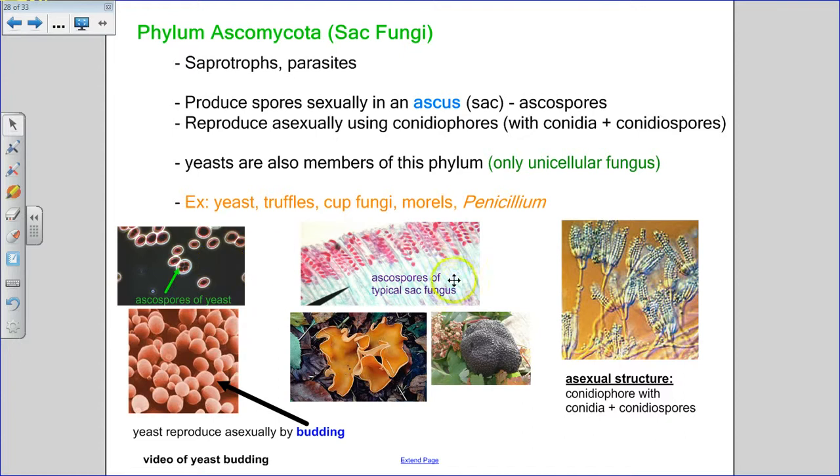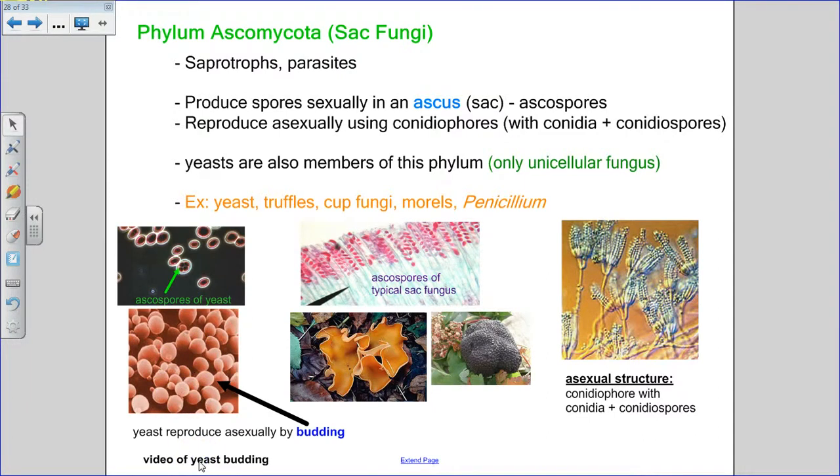But asexually, most of them, except for the yeast, will produce the conidiophores again. So conidiophores with conidia and conidiospores. And the yeast, on the other hand, will reproduce asexually by budding.